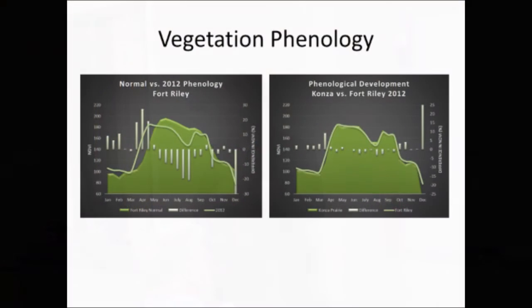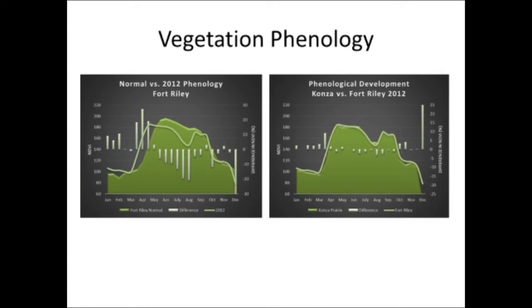Another way that we can look at this phenology data is to look within each year, and as we collect data across all composite periods, we can compare current NDVI for Fort Riley to the normal, and now we've got 14 complete years of data for Fort Riley. It's becoming more meaningful to do that. And then the bar charts show deviations from normal.